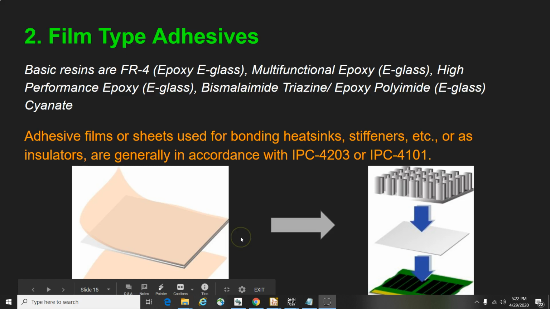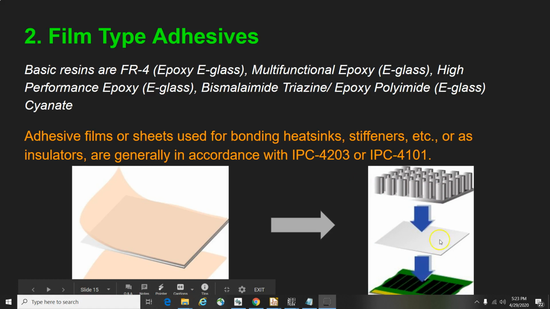Its ability to be pre-cut to fit a given size, shape or dimension is a distinct advantage in the fabrication of some laminated parts. Here you can see this adhesive film is placed under the heat sink and on the top of the printed circuit board.